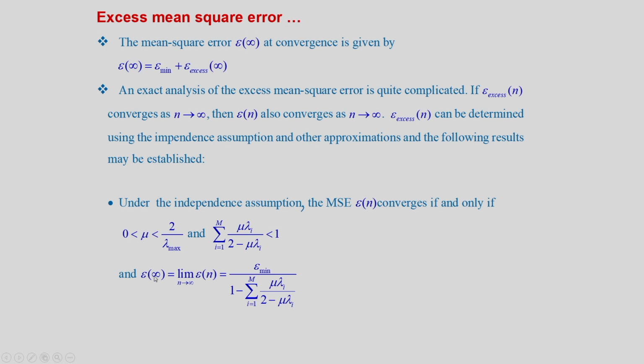And under that situation, the mean square error, that is equal to the limit of epsilon n as n tends to infinity, is equal to epsilon min, the mean square error corresponding to the Wiener filter, divided by 1 minus summation of mu lambda i divided by 2 minus mu lambda i, going from 1 to M. Therefore, this is the mean square error corresponding to the LMS filter.